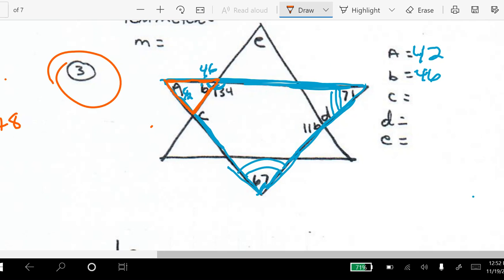For this orange triangle, I can figure out this angle that's adjacent to C, 180 minus 88. I end up getting that this angle is 92. And then C is supplementary, or a linear pair, to that, so it's 88.